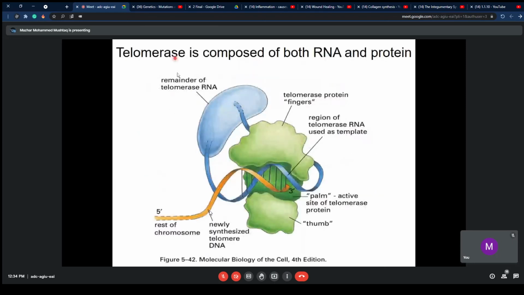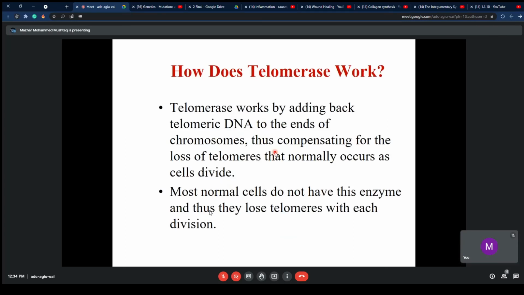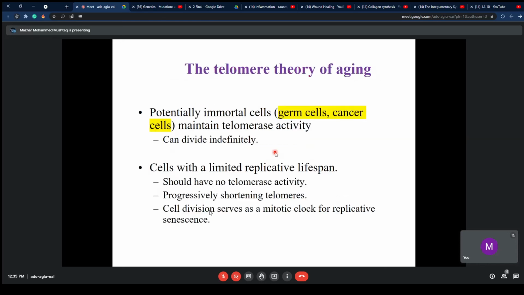So this is how it works. The telomeric function is just shown here. You have discussed it, so I'm not going to go into the detail here. You have discussed how telomerase works. Basically, it elongates or finishes the end problem of replication, where the end of the DNA is not properly replicated. That is taken care of by this enzyme.